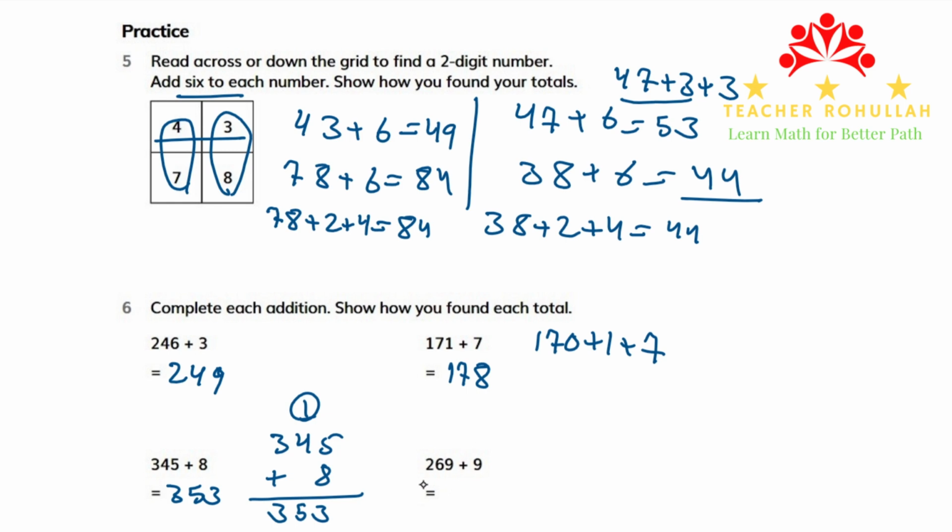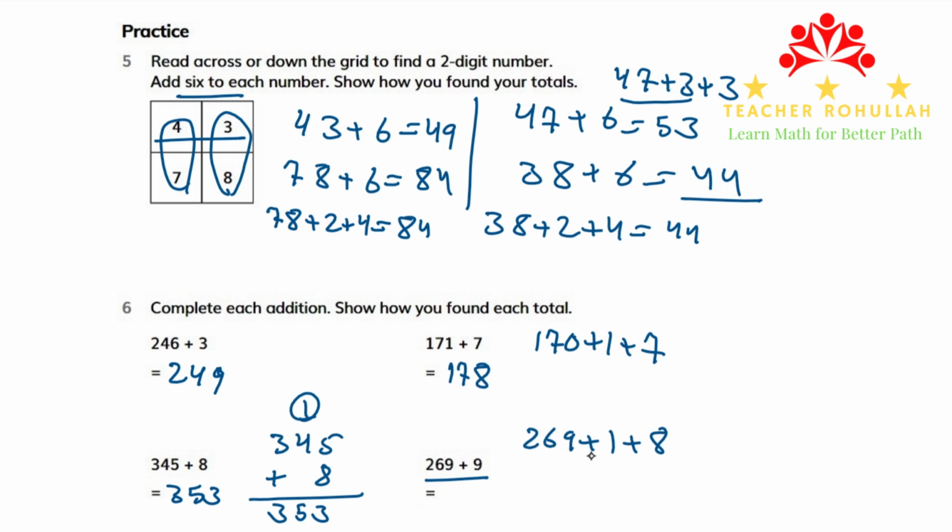The fourth one is 269 plus 9. To solve an addition problem, you have to see which way is easier for you. For example, to add these two numbers, compose and decompose is the easiest way. We can write 269 plus 1 plus 8.